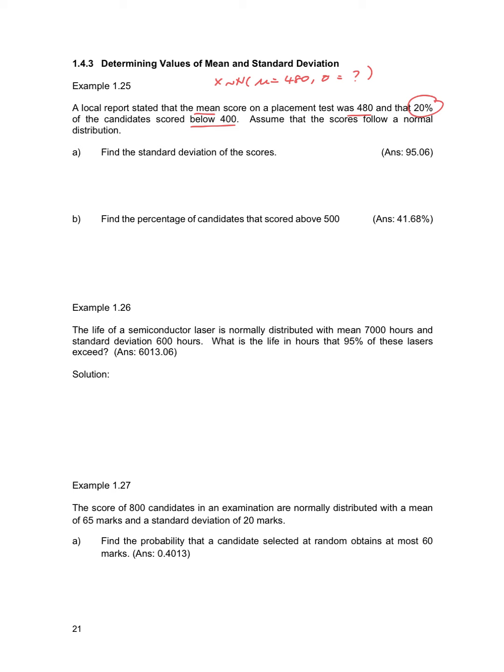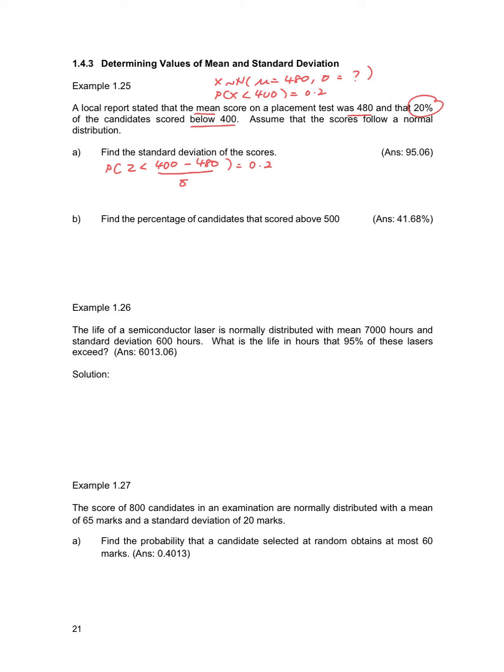Okay, and then the other information given to us, dia kata probability of X that score below 400, which is X less than 400, is equivalent to 0.2. Okay, so kita nak cari value standard deviation yang tidak diberi kat sini lah. Okay, so kita boleh convert X tu menjadi Z less than 400 minus mu. Mu is 480 over sigma yang kita tak tahu. It was equivalent to 0.2.